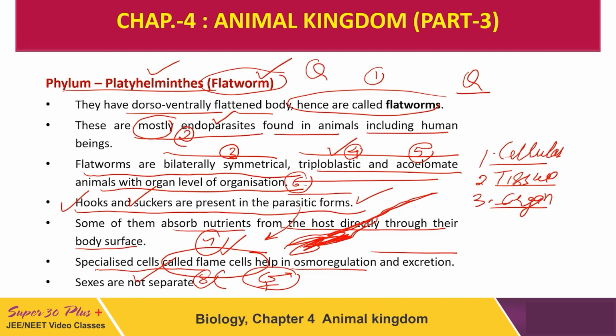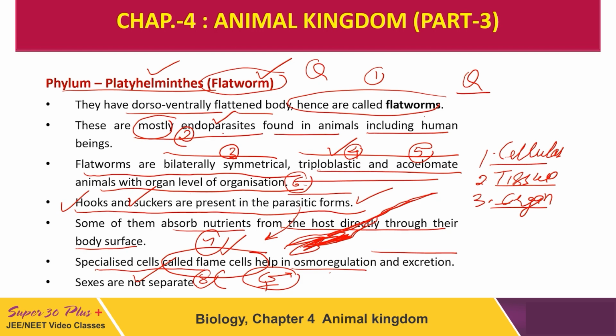I just recall why flatworm: endoparasite mostly, but some examples are free living also, bilateral symmetry, organ level of organization, and they absorb nutrition. Because of that, the digestive system in such endoparasites is least developed. Flame cells are responsible for osmoregulation.